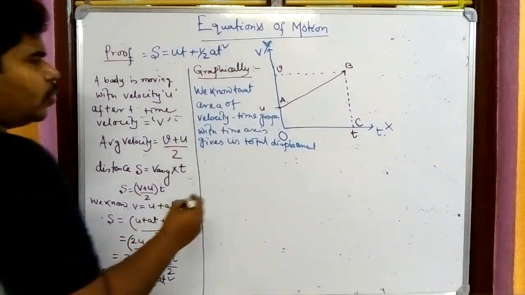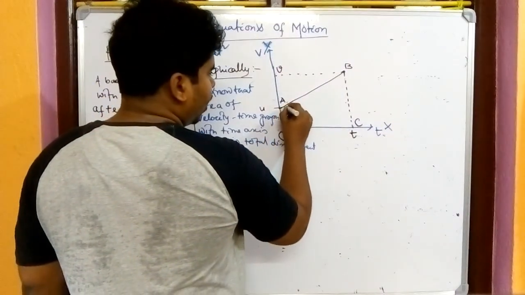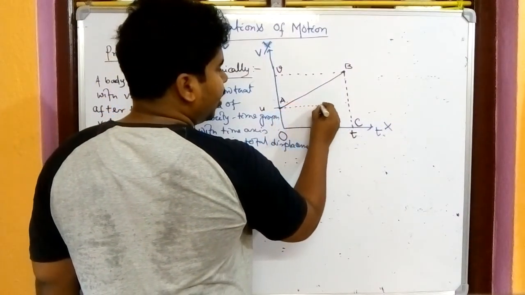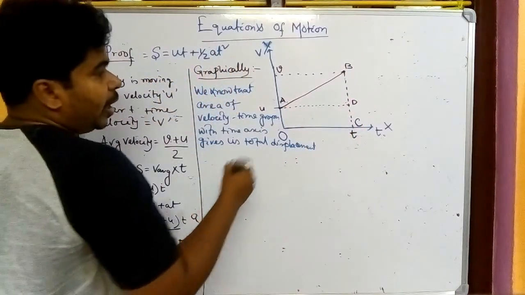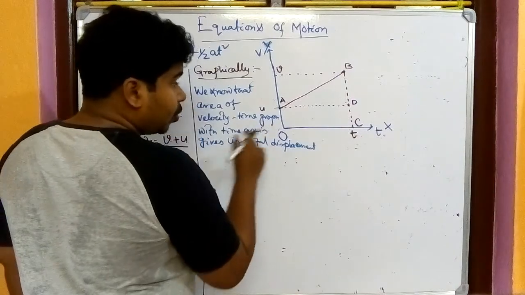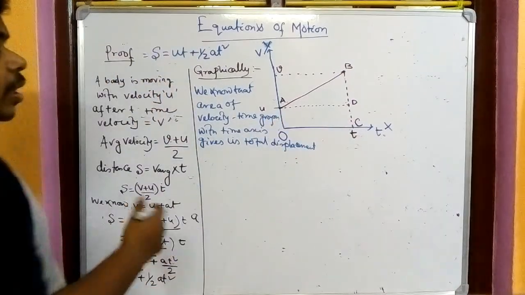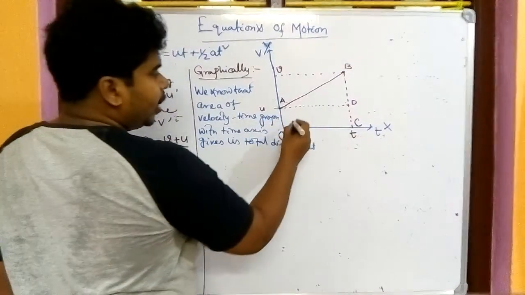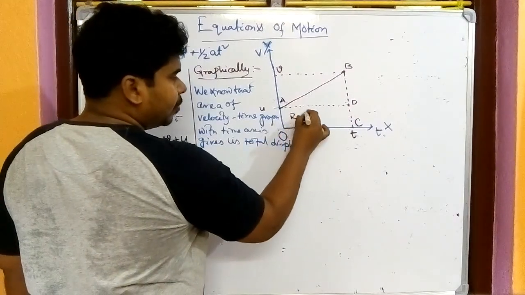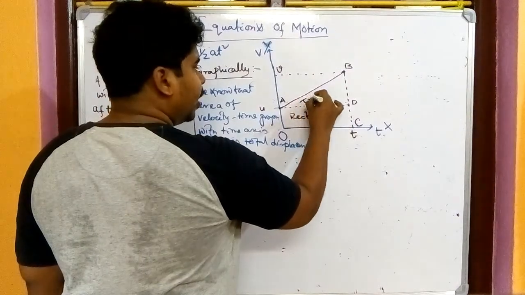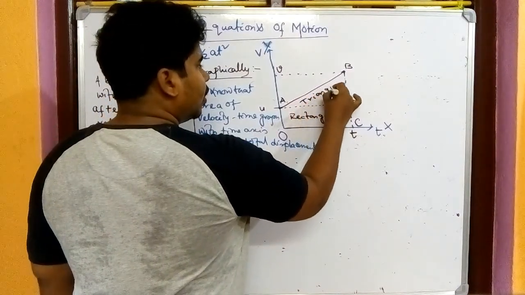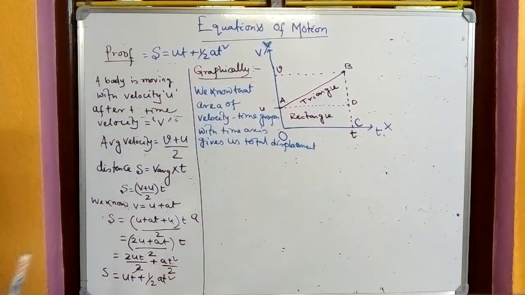For that I have to use a very easy technique. I have to draw a perpendicular from point A and it will touch here at point D. Here it is O, it is A. Now if I am able to find the area of the rectangle and the area of the triangle, then it is very easy for us to find the total area.